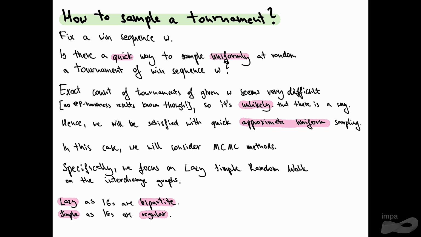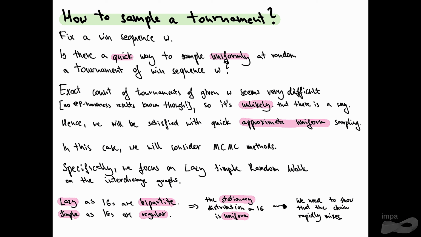It's lazy because the graph is bipartite, and simple because the graph is regular. Since the graph is regular, the stationary distribution will be uniform.